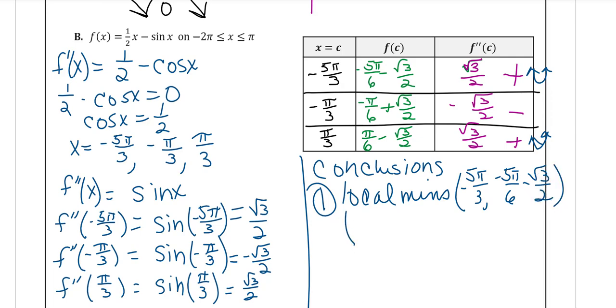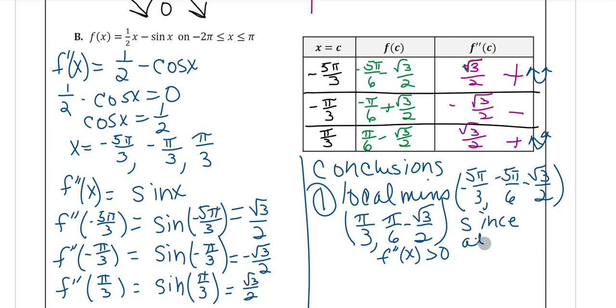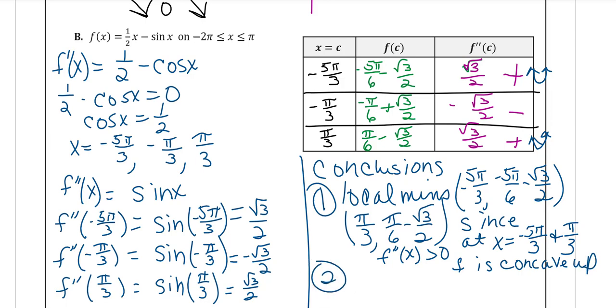And the other one is at pi over 3 comma pi over 6 minus the square root of 3 over 2. And my reasoning is, since f double prime of x is greater than 0 at x equals negative 5 pi over 3 and pi over 3, f is concave up. So we can just kill two birds with one stone here.